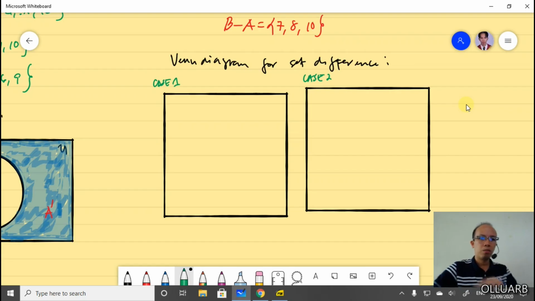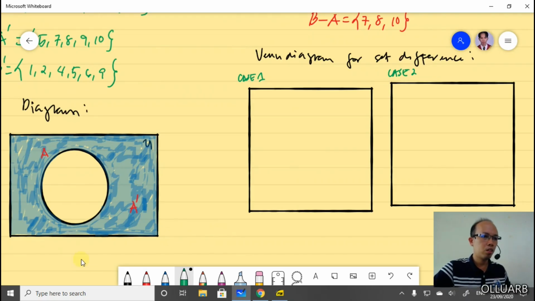Before I forget, I will have to write the notation here for A prime.